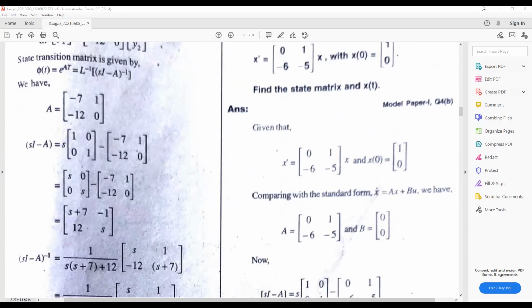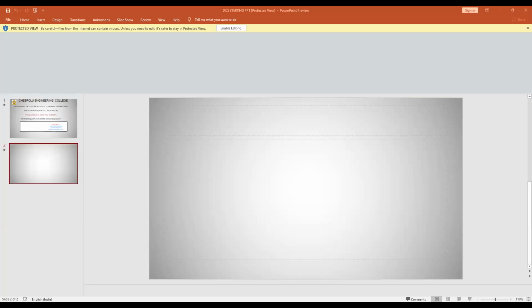Okay, take a look, it's very simple. So first, you are calculating phi of t is equal to Laplace inverse of SI minus A whole inverse. Let's do this first. Next, using the Cayley-Hamilton method. So let's check both methods once.